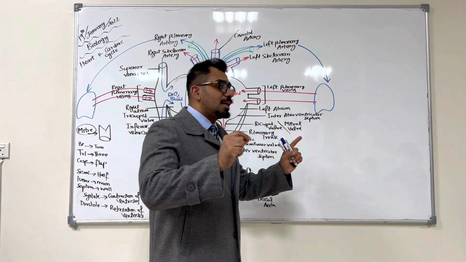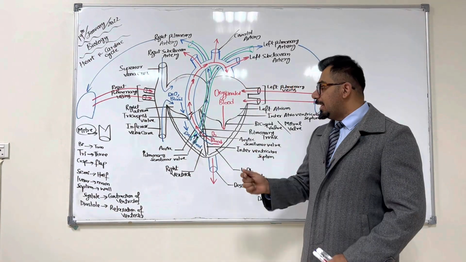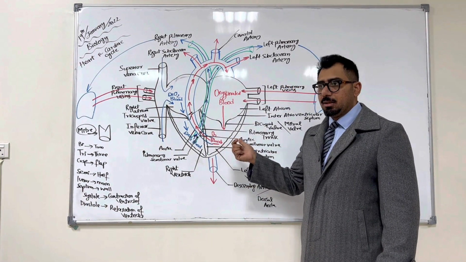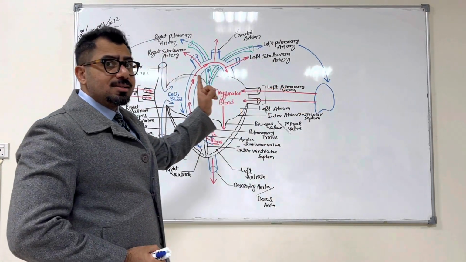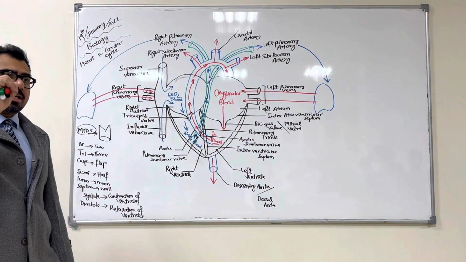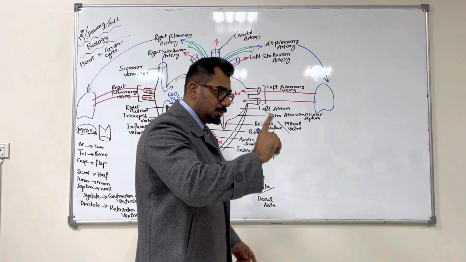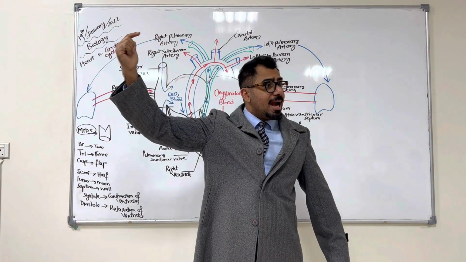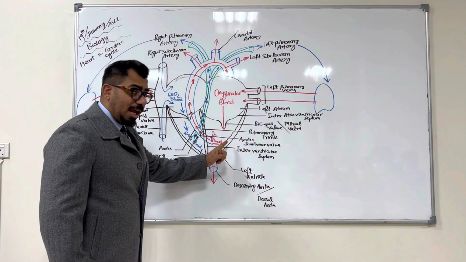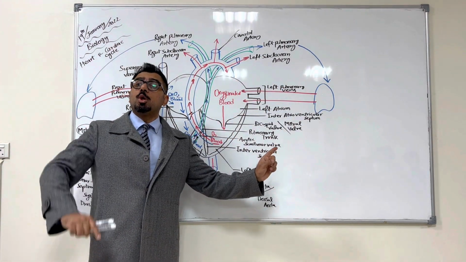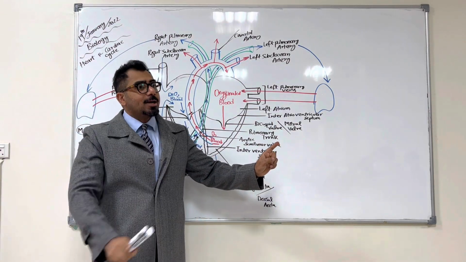Now, why is the right side ventricle wall thinner and the left side thicker? Because the right side just has to pump the blood to the lungs and back to the heart. Now, please pay attention to the words I am saying: towards the lungs and also back to the heart. While the left side has to pump the blood to the whole body and back to the heart as well.